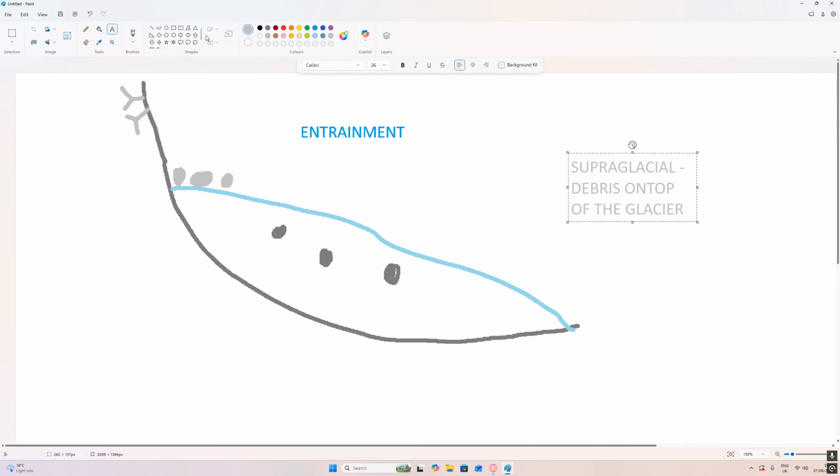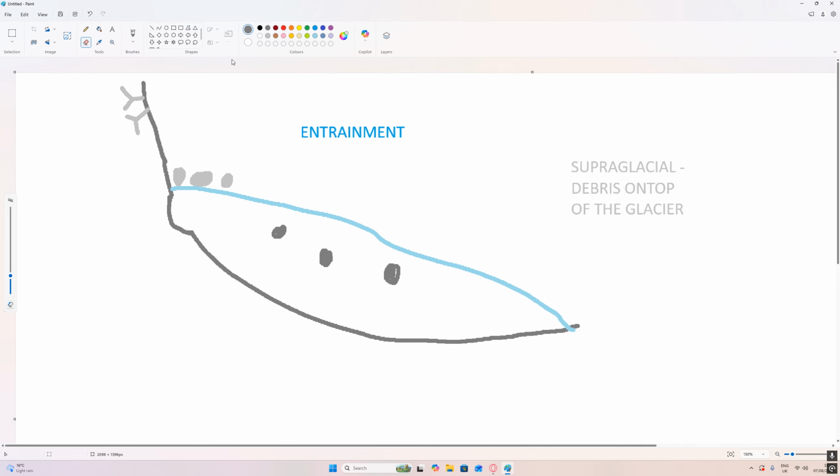Alright. And within the glacier, on the back wall, you're going to have something called plucking. You should hopefully know what that is if you're learning about this for a course, right? Plucking is where the glacier ice attaches to the back wall, and it begins to pluck out, it begins to sort of rip out bits of rock.